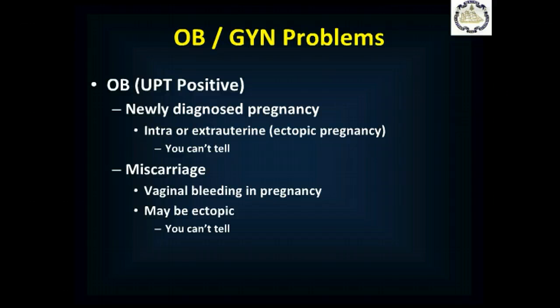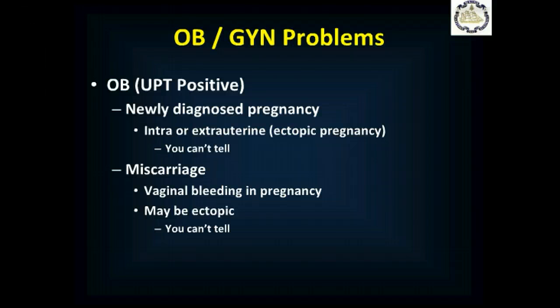So any patient with abdominal pain who has a positive urine pregnancy test, so it's a newly diagnosed pregnancy, you need to assume that they have an ectopic pregnancy that's essentially a ticking time bomb waiting to rupture and cause the patient to bleed to death. If they're having vaginal bleeding, they may be having what's called a miscarriage, where they're losing the pregnancy, and 50% of all pregnancies end in miscarriage, most of them so early that the patient never knew they were pregnant.